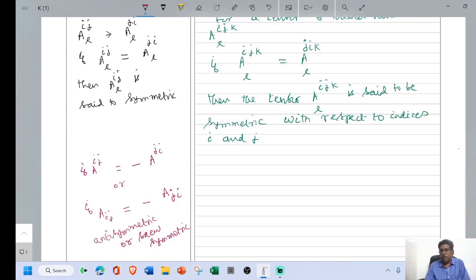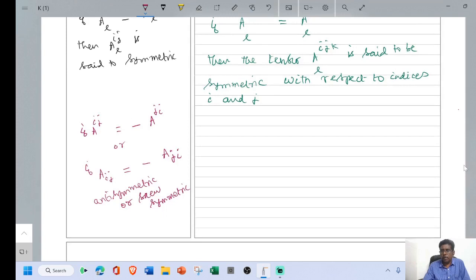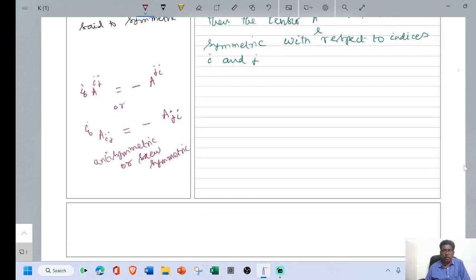In the case of mixed tensor also, we can make the same argument. See, in mixed tensor A^ijk_l, which is equal to minus A^jik_l. If the indices i and j are interchanged, we get A^ji with a negative sign. Now the tensor A is said to be antisymmetric.